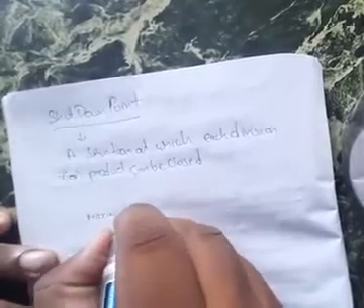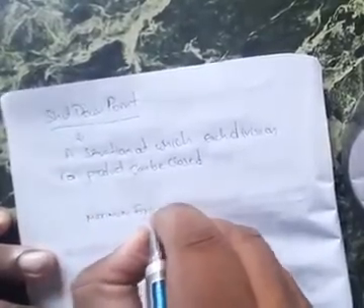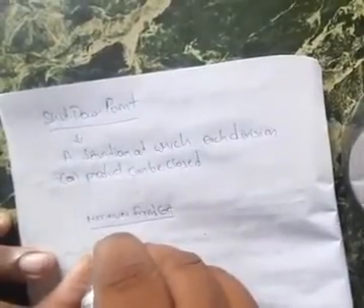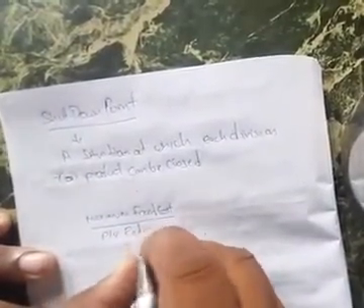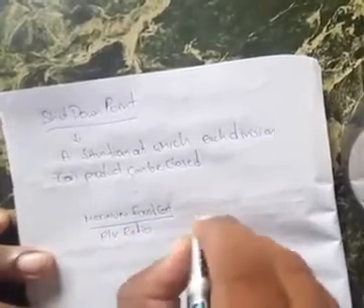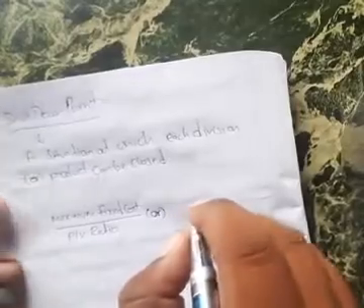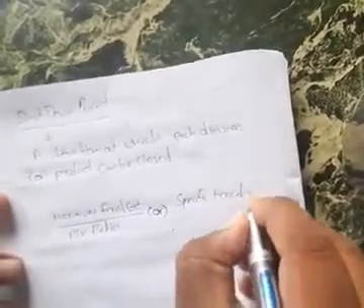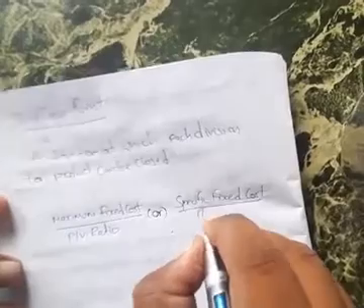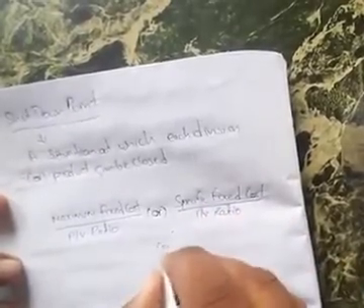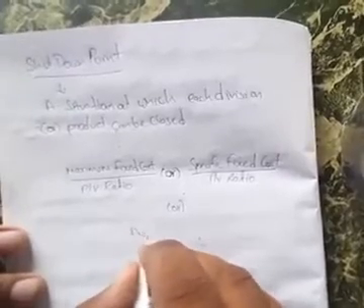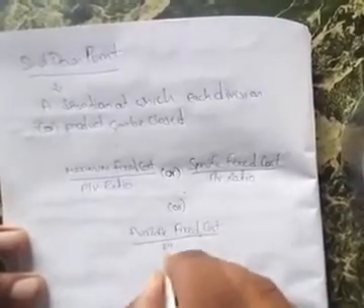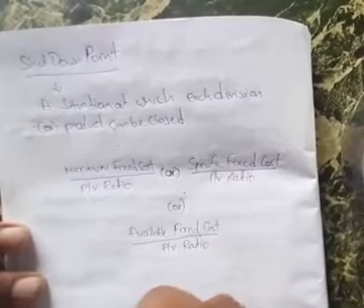That is maximum fixed cost divided by PV ratio, or specific fixed cost by PV ratio, or another formula is available fixed cost divided by PV ratio.